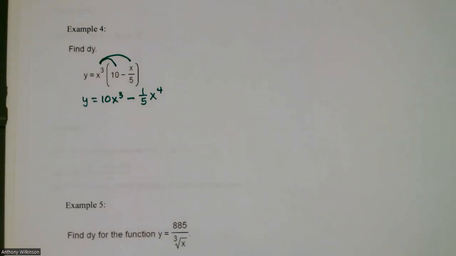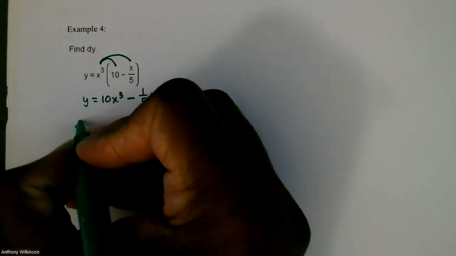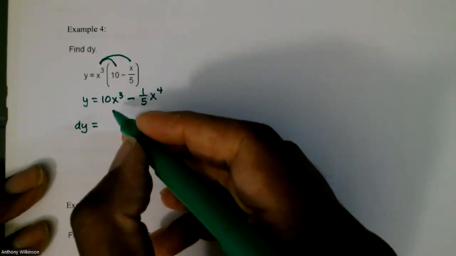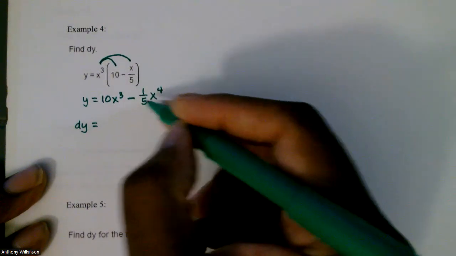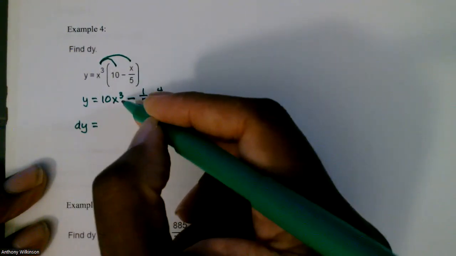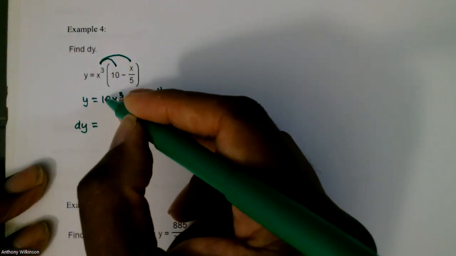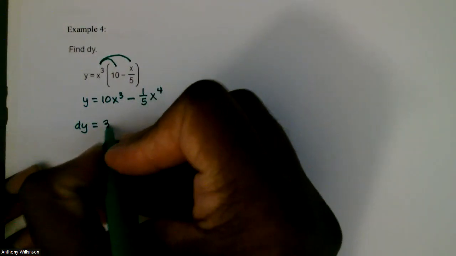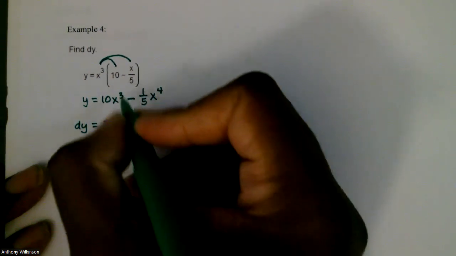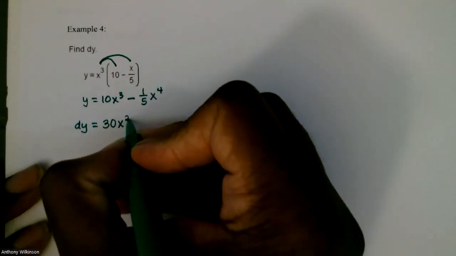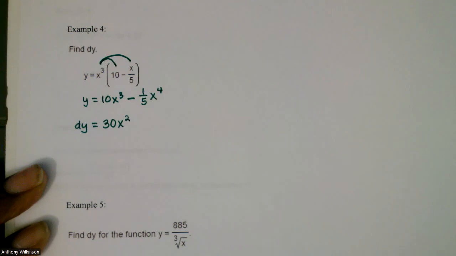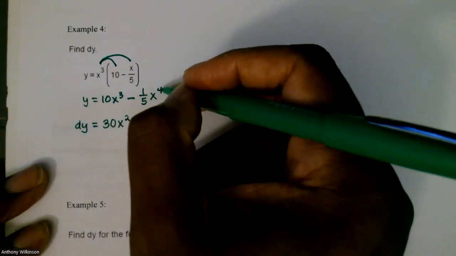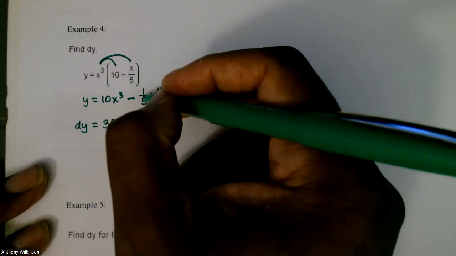Now let's take dy. Let's find out what dy is. Here we're going to take the derivative of each term. So for the derivative of 10x cubed, I bring this exponent of 3 down, multiply it by 10. So 3 times that 10 in front would be 30. Copy over the x to the 1 less power. So it'll be 30x squared. And then minus the derivative of 1/5 x to the 4th, we bring the 4 in front of the 1/5.